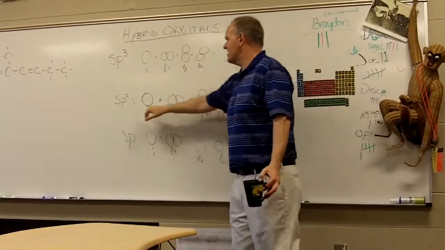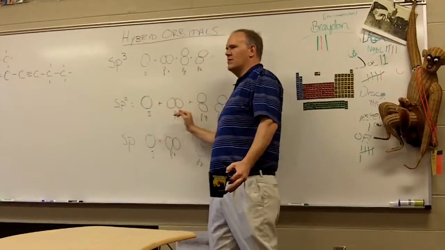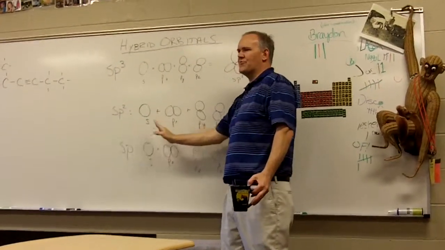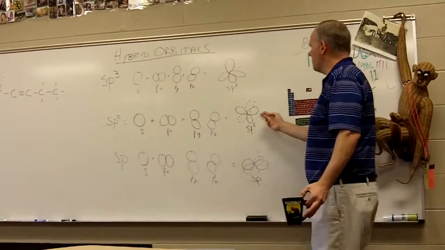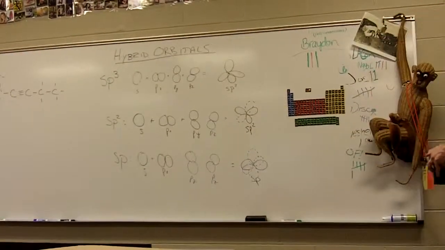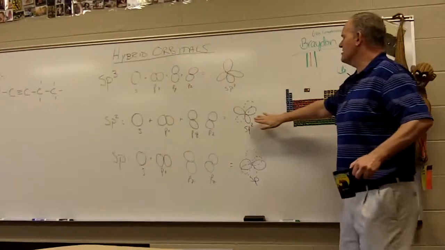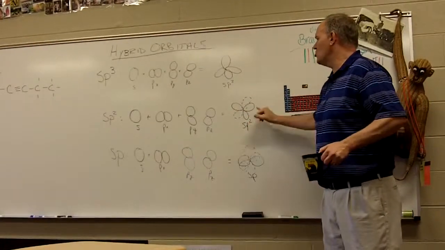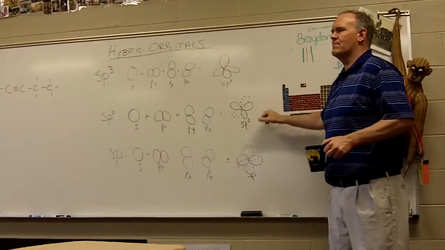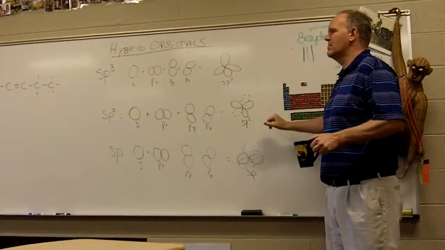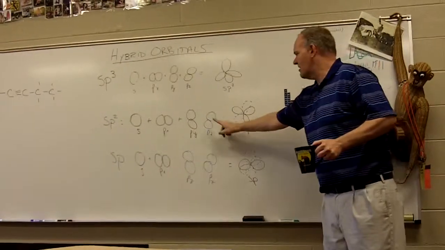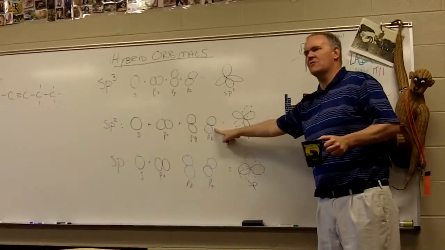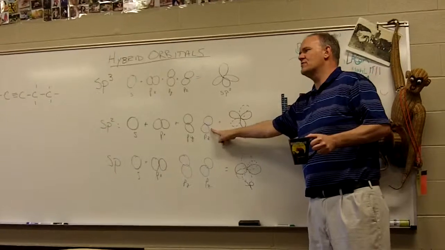So we're hybridizing an s and two p orbitals, not all three of them. I've left the sp2 as the black lines, but this pz that did not go into the blender is still there.